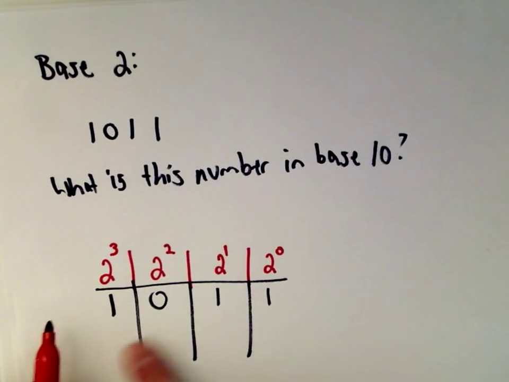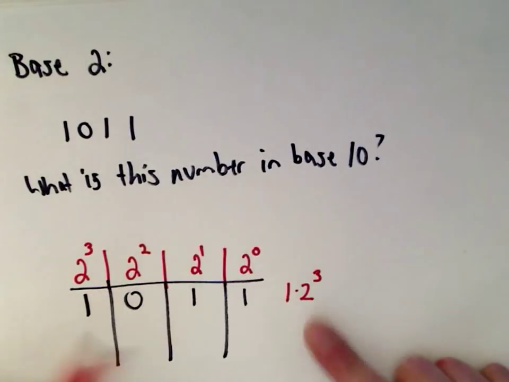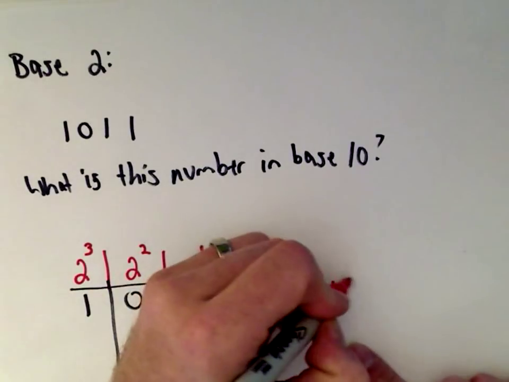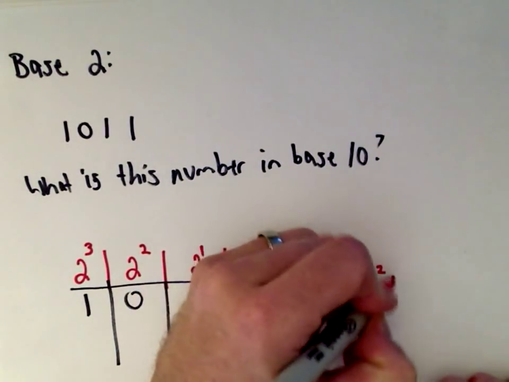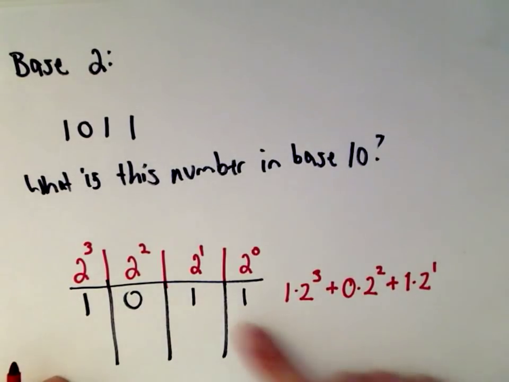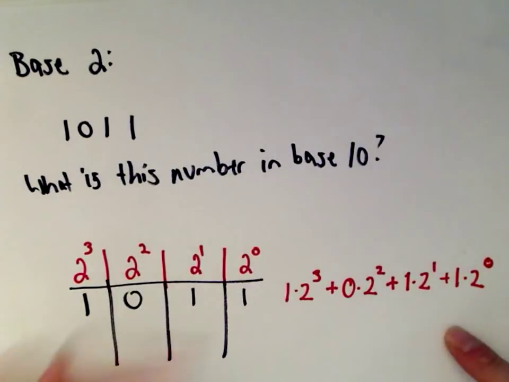So this number 1011 says we have 1 times 2 to the third, plus 0 of the 2 squareds, plus 1 of the 2 to the firsts, and then another 1 of the 2 to the zeros.